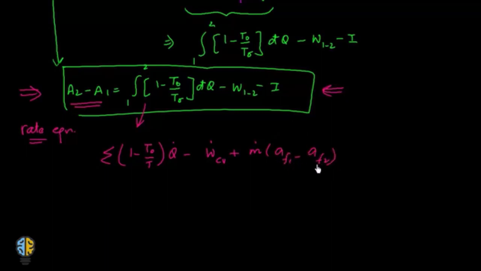Now what are these AF1 and AF2? Let's talk about that. Minus the rate of irreversibility through the control volume, and that is equal to 0.